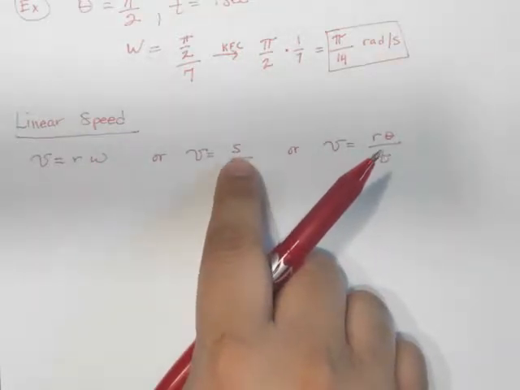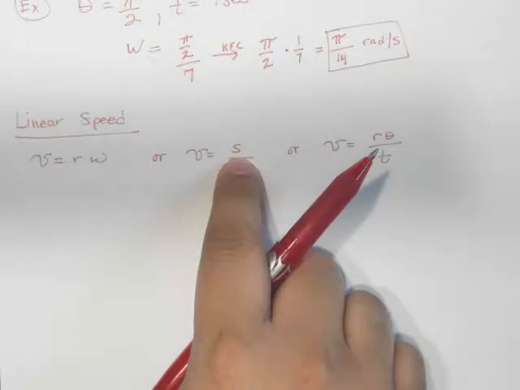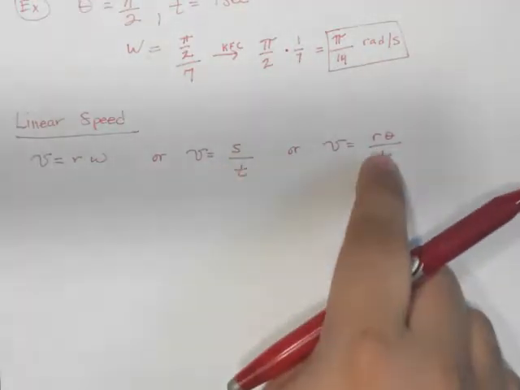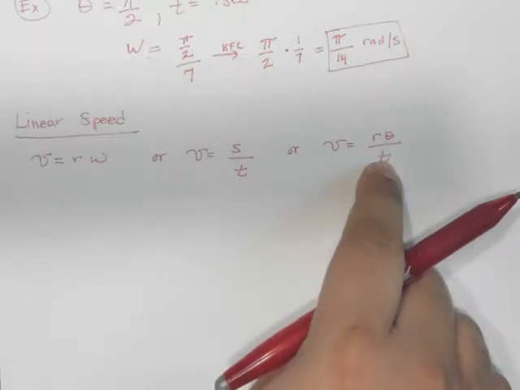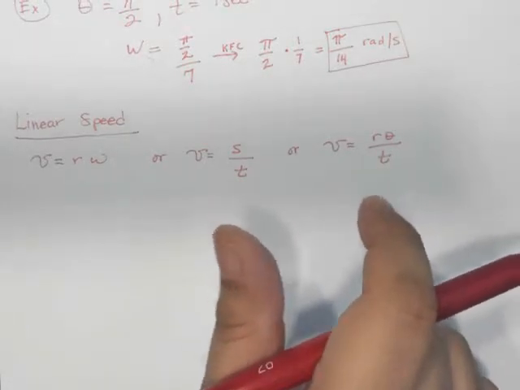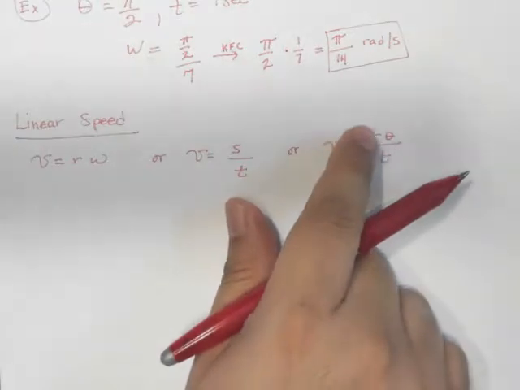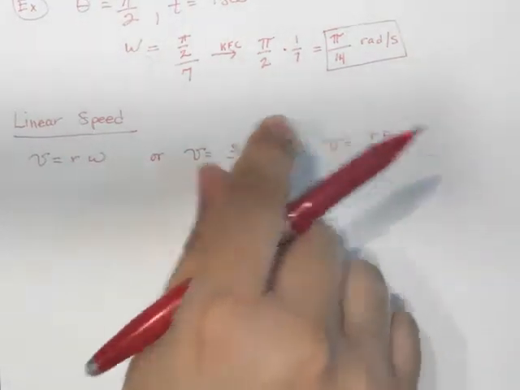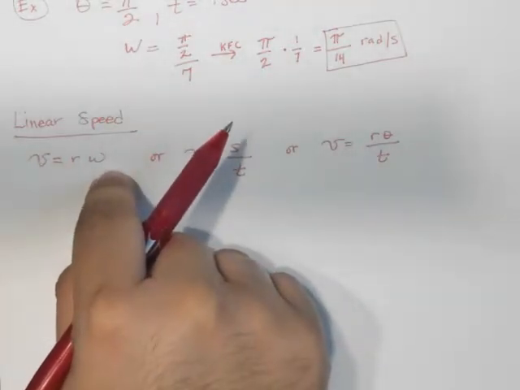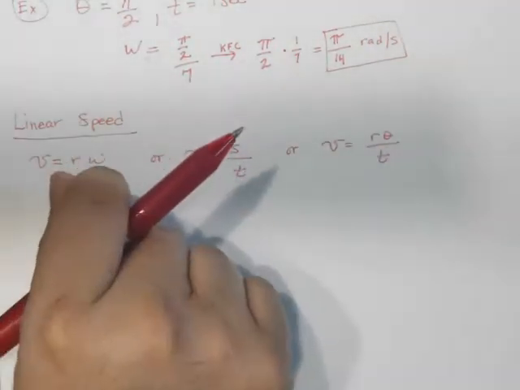And also remember that the arc length, S, equals r theta, so it is also r theta divided by time. This is something to think about, because remember the unit theta over time is omega. So there's the connection about how all of these are related.